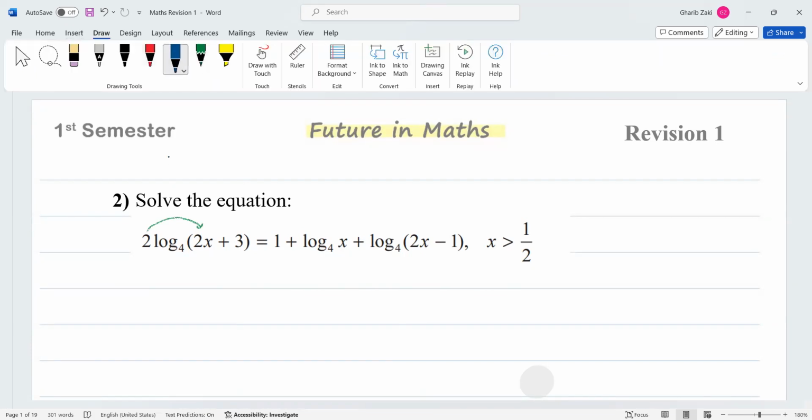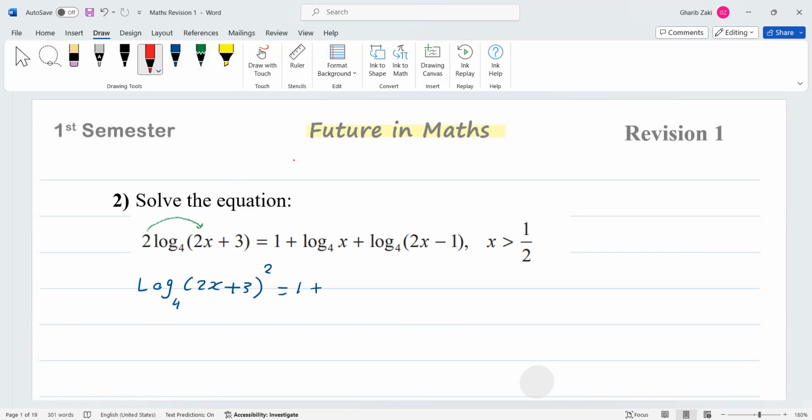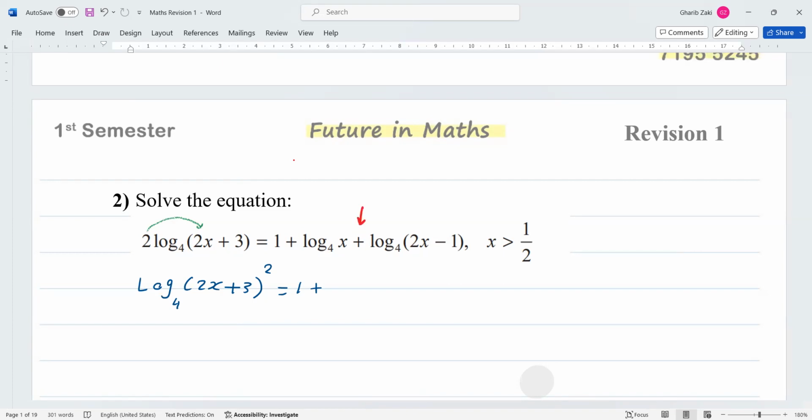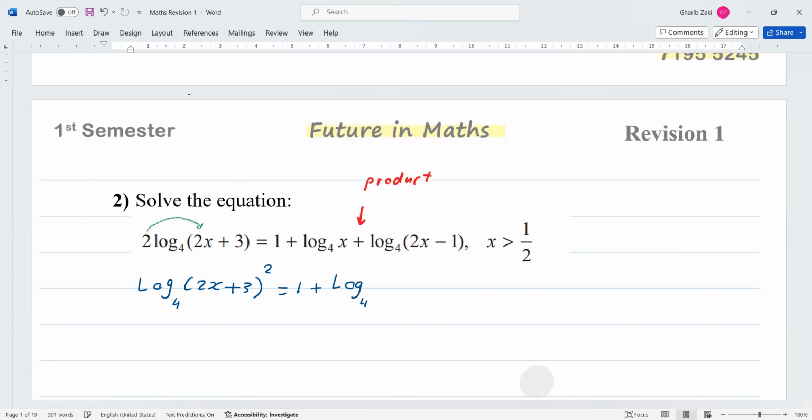Then we write the first one as log of (2x plus 3) to the power 2 to the base 4 equals 1 plus. We can change the multiply to product because it is the same base. Then we write 1 plus log to the base 4 of x multiply (2x minus 1).